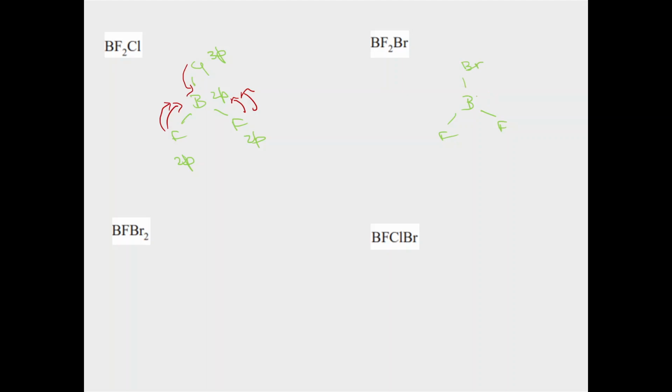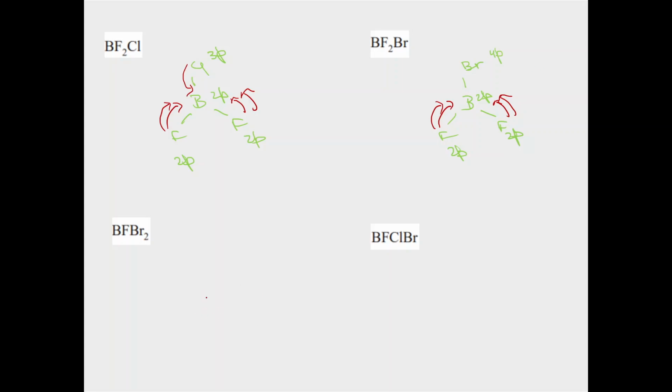Here boron has a 2p orbital, fluorine is 2p, and bromine is 4p. So the back donation from fluorine will be very nice, whereas for bromine it will not be that effective.